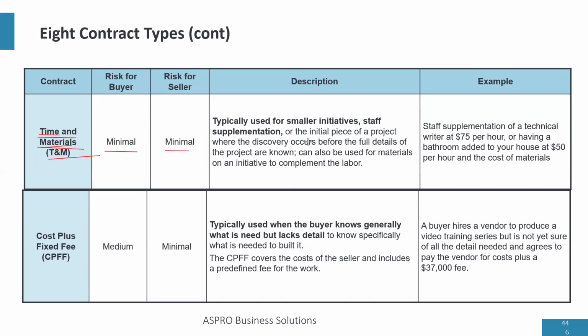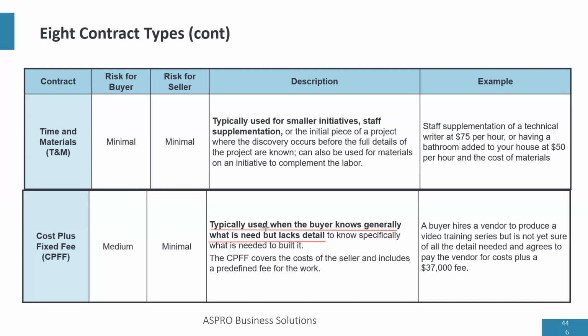So let's talk about cost plus fixed fee. This is the last set of contract types. We call them cost reimbursable, which means you reimburse the seller for doing the work. Now, this is used when the buyer knows generally what is needed but lacks detail.